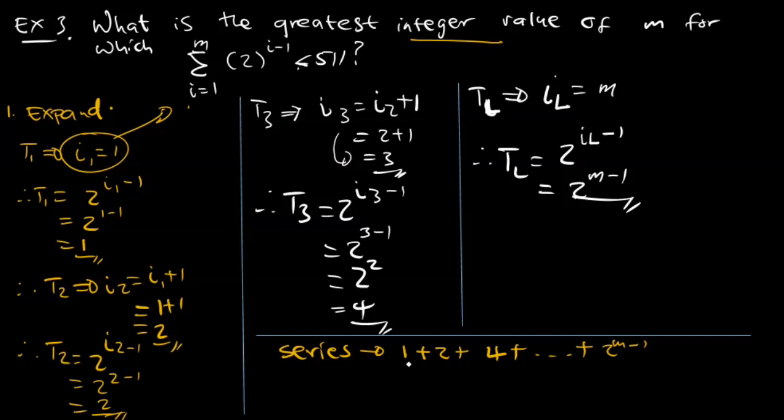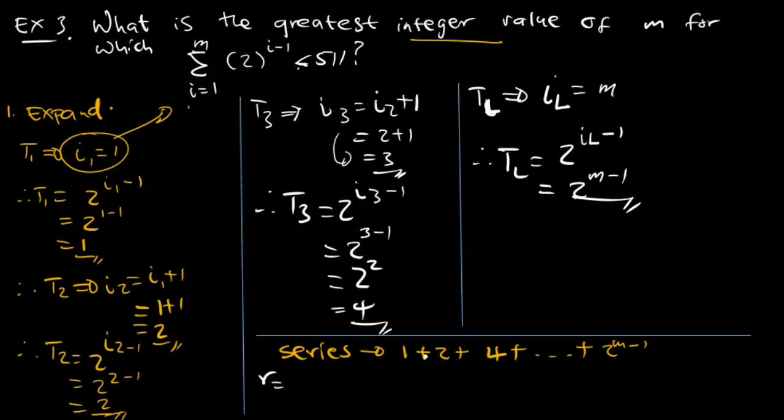Okay. So from first glance, you can tell that this is not an arithmetic series because 2 minus 1 is 1, 4 minus 2 is 2. These are not common, right? So these are not common. As a result, it's not an arithmetic series. If it's not an arithmetic series, it's going to be geometric.